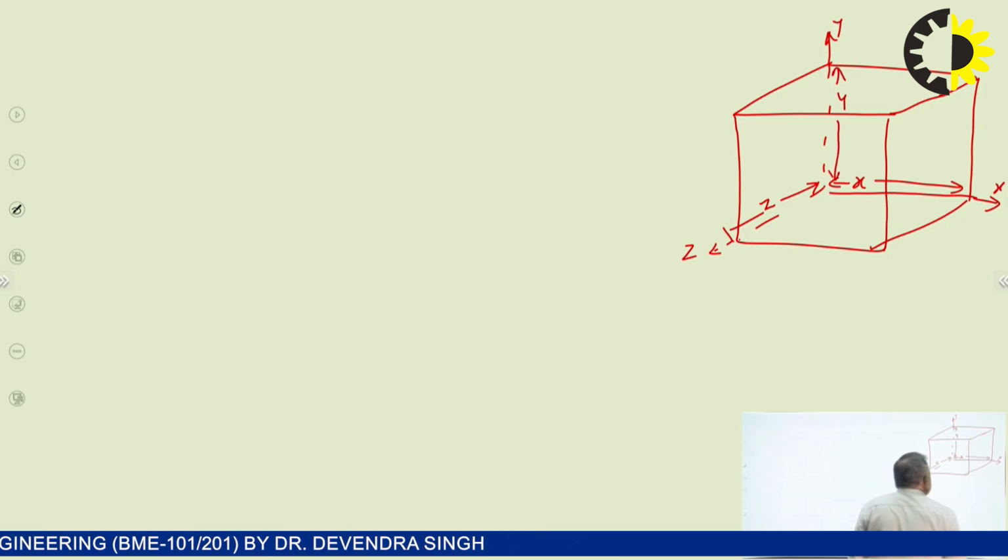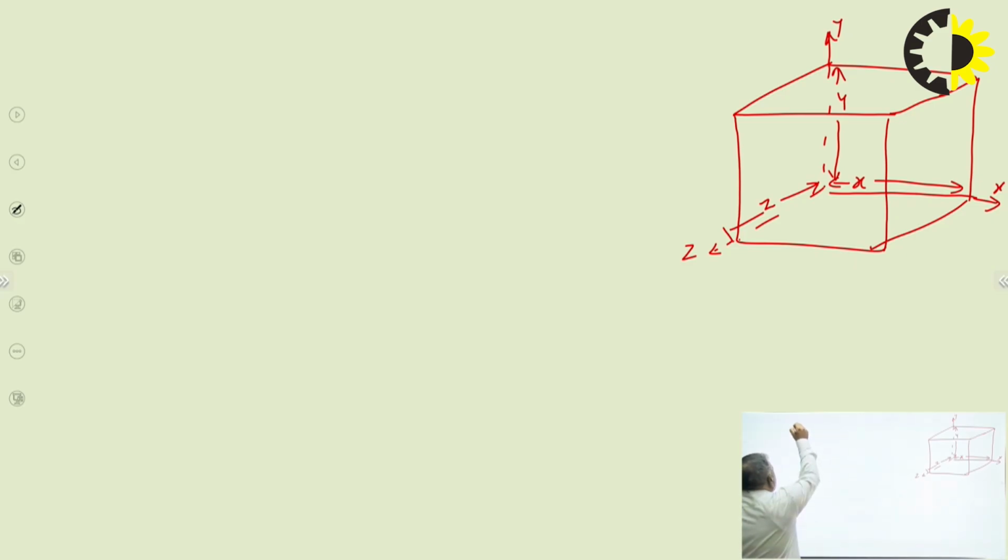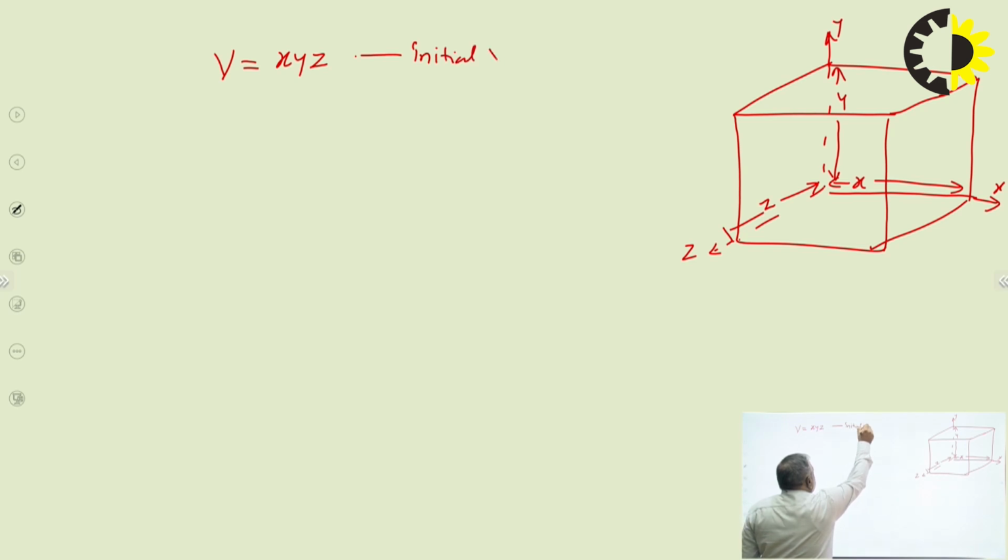So, what is the volume? Volume of the cube is xyz. This is the initial volume.